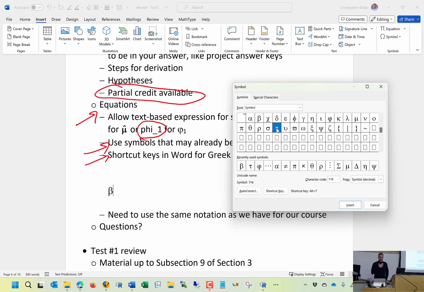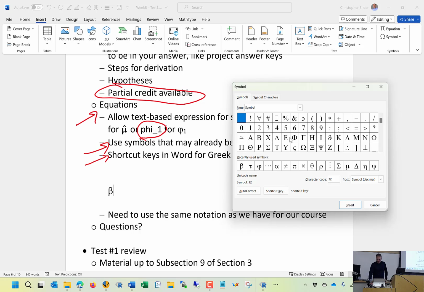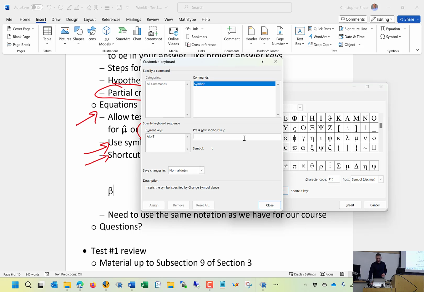Something's not working properly on my computer, but what I will tell you is this. Let's say that you wanted to insert the Greek letter tau. One way to do it is always go up to Insert, Symbol, More Symbols, find tau in the symbol font, hit Insert, and there you go. That will be inserted. Another way to do it is to create what's called a shortcut key. Oh, okay, it is right.